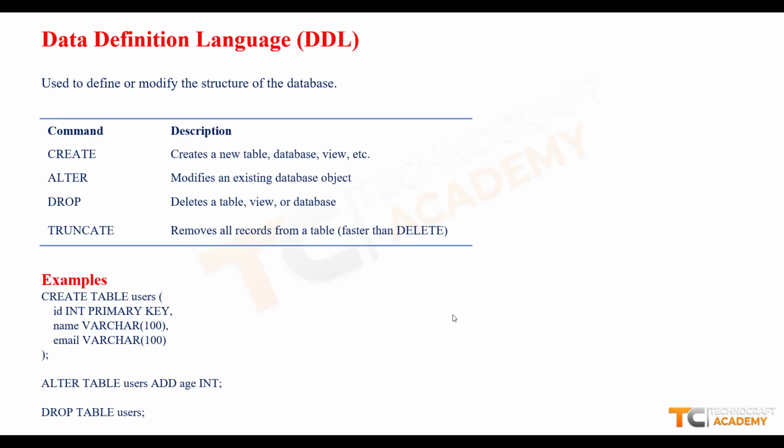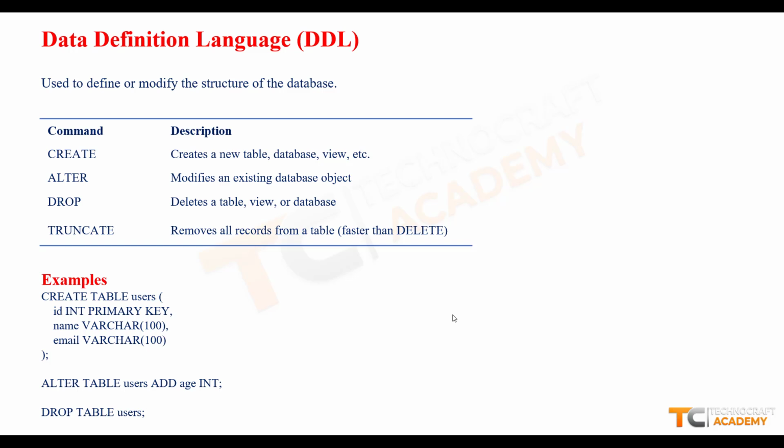First we'll see what DDL, or data definition language, is. Data definition language is nothing but some of the SQL commands that are used to define a table or the structure of the tables in a database.